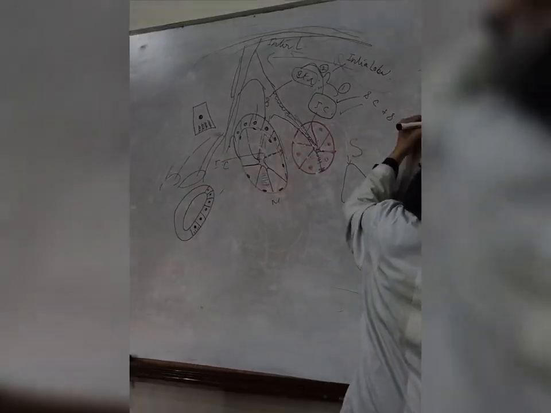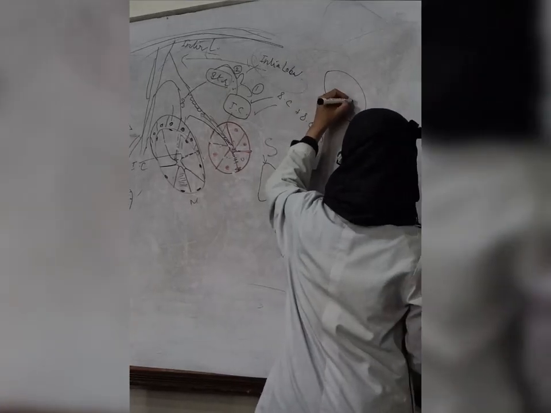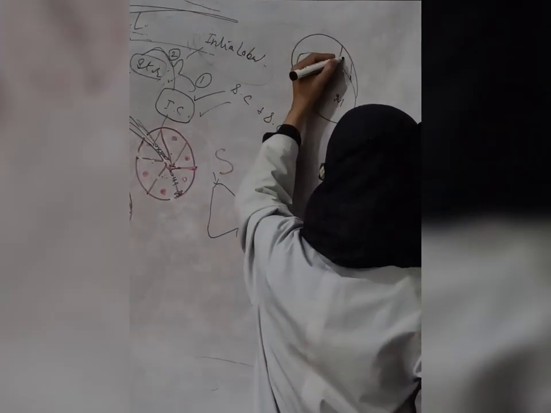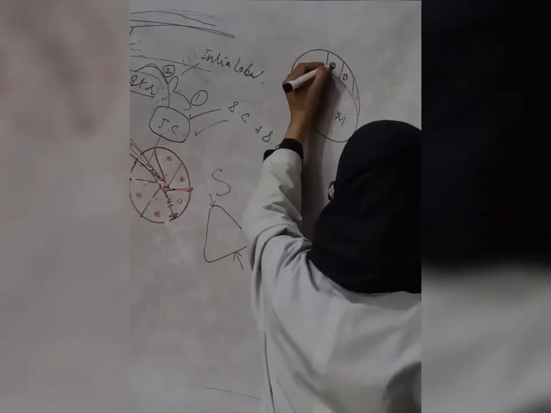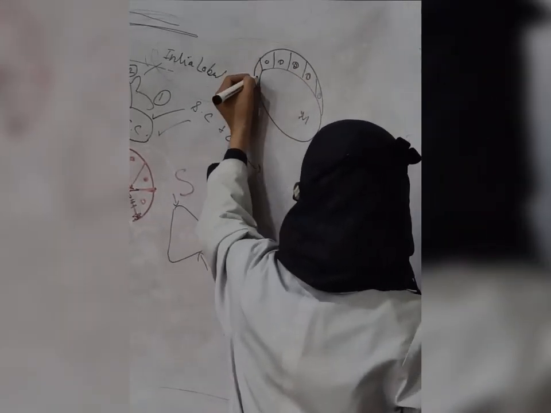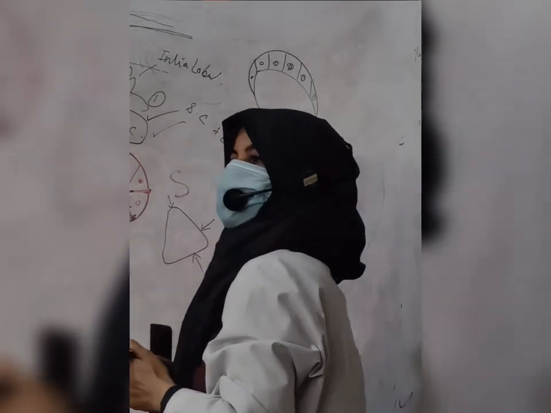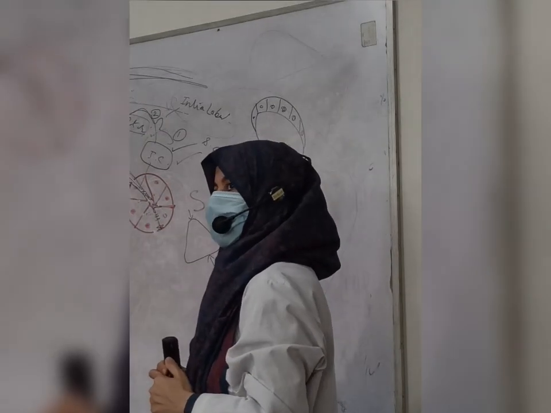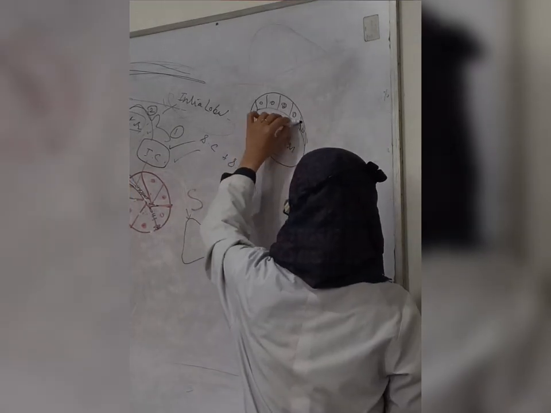If we imagine, this is a mucous acinus, and we have a cap over it which is of serous variety. So we call it half moon. Luna is the word for moon. So serous demilune means half moon shape, crescent shape.